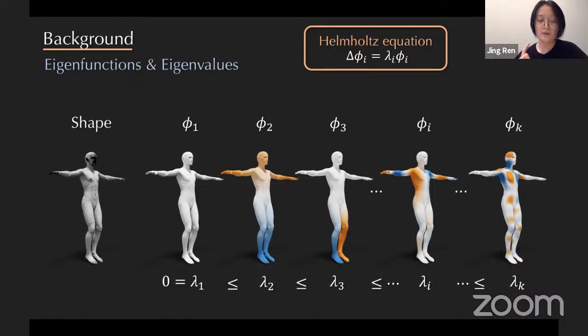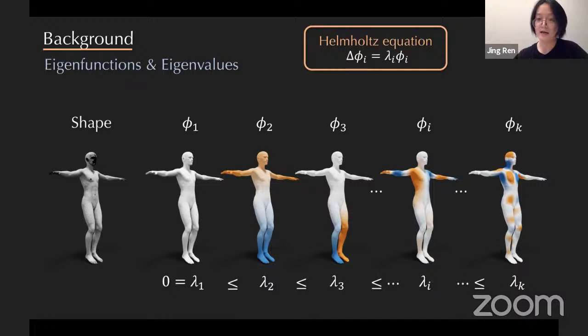And the most important thing is that these eigenfunctions are ordered. Their corresponding eigenvalues are also sorted, and this actually encodes the frequency information of the corresponding eigenfunctions.